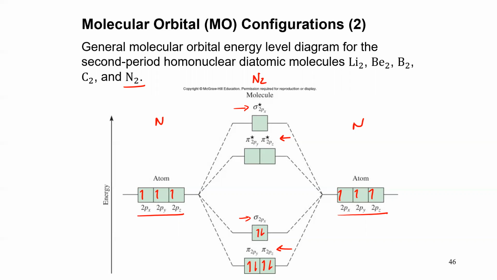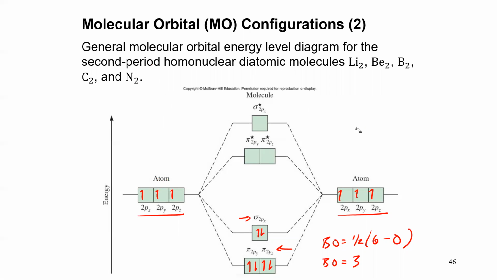And so if we look at the bond order, we've got 1/2 times, well, there's 6 bonding, and there's no electrons up here in the anti-bonding. And so the bond order for nitrogen is 3. And we know nitrogen has a triple bond. Okay. And so, again, molecular orbital theory is good at indicating this for us.